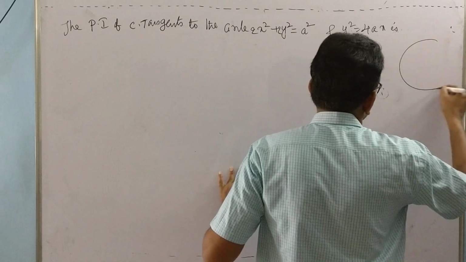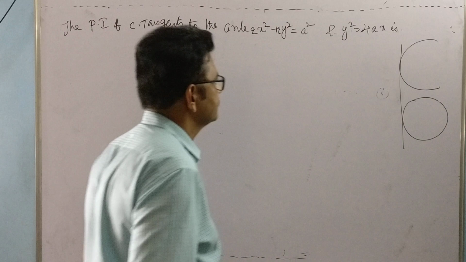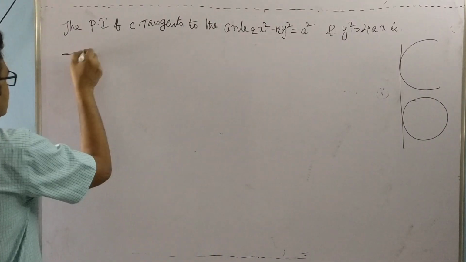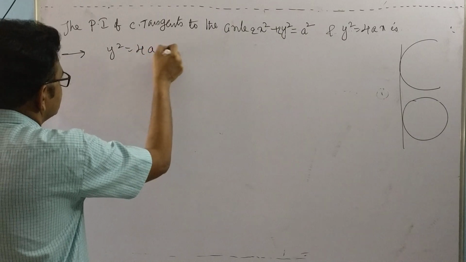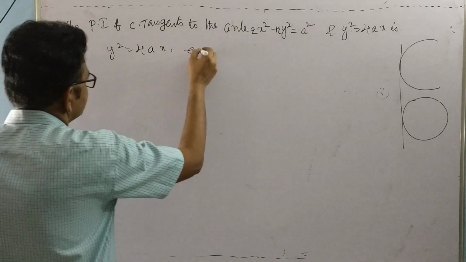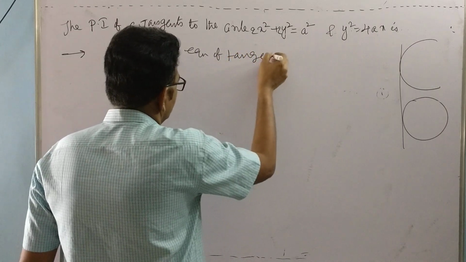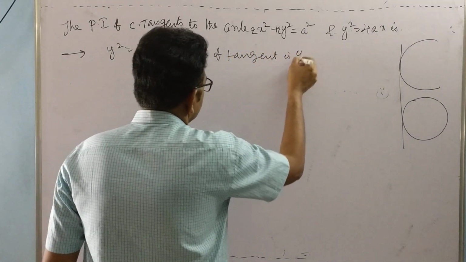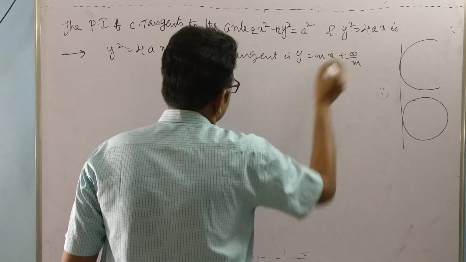Parabola is this. So this is suppose circle. Same process. For y square is equal to 4ax, equation of tangent in slope form is y is equal to mx plus a by m.